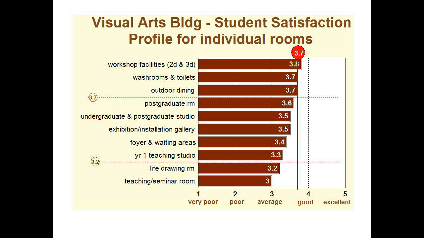And again, in this graph here, showing rooms that didn't achieve 3.7. And again here, the graph this time showing the student satisfaction. The previous graph was showing staff satisfaction with particular rooms. And interestingly enough, it's coming back to the very same or similar types of rooms.